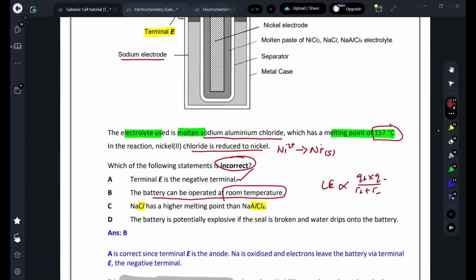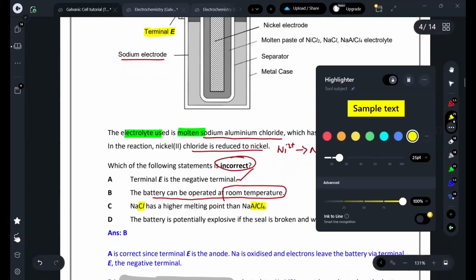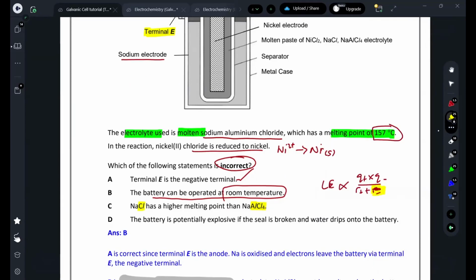If your r- is very big, like this guy here, then your lattice energy is going to be very small in magnitude, or at least lower than sodium chloride. So the melting point is going to be lower. That's why this option is correct.